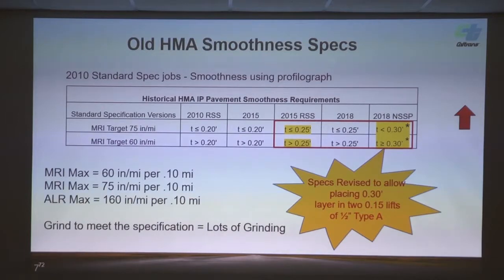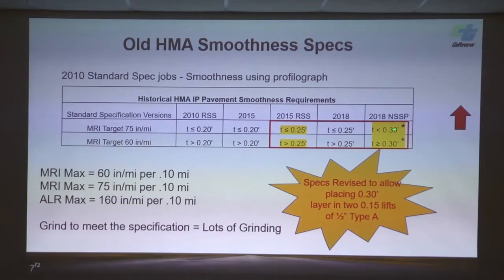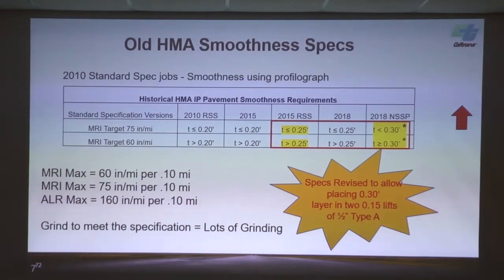So the other change is that with our new specs, if you had a 3/10 lift, under the old specs, you basically had to place one lift of 3/4 inch type A. Well, that table with the lift thicknesses and layer thicknesses has changed now. You can use 2 lifts of 1/2 inch HMA, 1500s.